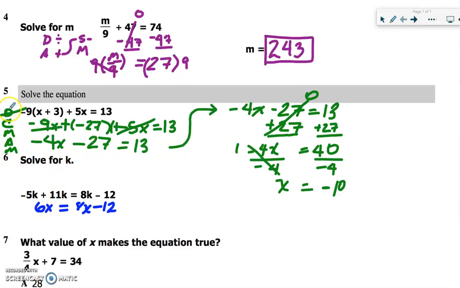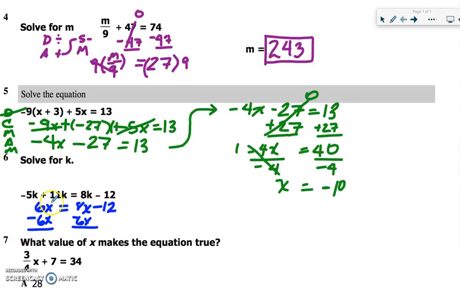Now, we didn't have to distribute. We combined our like terms on each side, so we're good there. Now move the little guy. To keep everything positive, you can move the little guy, which is 6k, to the other side, subtracting 6k from both sides. This requires an extra step, but that's okay.